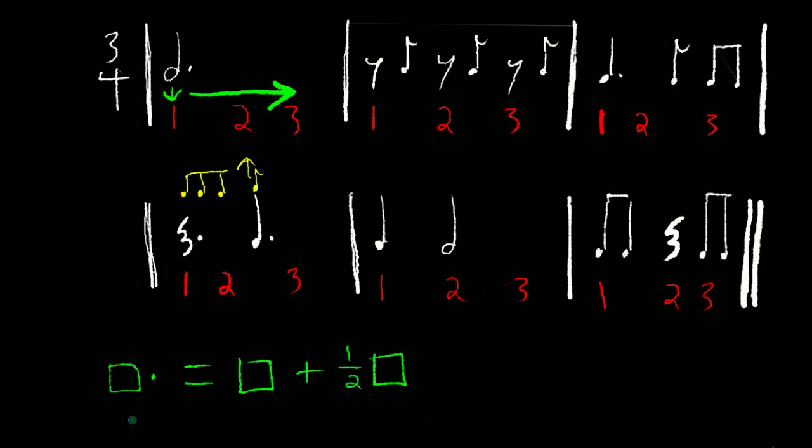So if we say we have a half note with a rhythmic value dot, that is equal to a half note plus, what is 1/2 of a half note? Or, if a half note gets 2 beats, what gets 1 beat? Well, it's a quarter note, isn't it? So, plus a quarter note. So that is equal to dotted half, which is 3 beats.